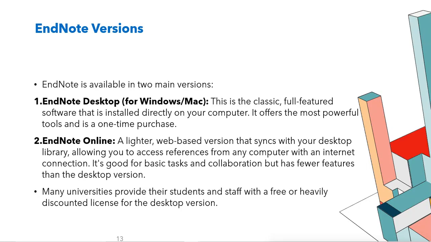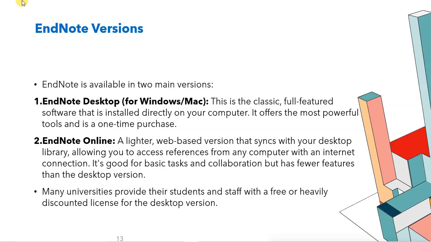EndNote versions. EndNote is available in two main versions. EndNote Desktop for Windows or Mac is the classic full-feature software that is installed directly on your computer. It offers the most powerful tools and is a one-time purchase.